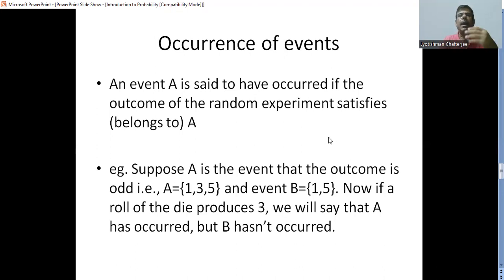If I tell you that the outcome is odd, you know which event I am talking about, that is 1, 3, and 5. However, when you talk about occurrence of an event, we are actually performing the experiment and observing whether the event is satisfied or not. So that's the difference between event and occurrence of event.